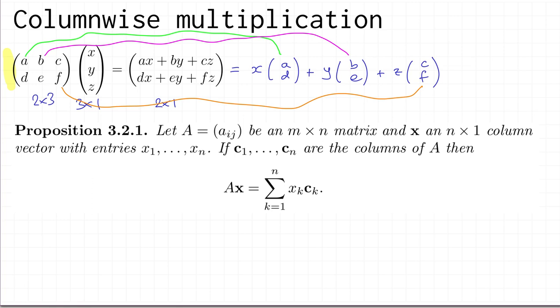And in fact, you can prove really easily using the definition that in general, when you have an m by n matrix A and you multiply that into an n by 1 column vector X, and if you call the entries in that column vector x1, x2, x3 up to xn, and you let the columns of A be c1 and c2 up to cn, then the matrix product A times x is just obtained by adding up scalar multiples of the columns of A. So you take x1 times the first column of A and x2 times the second column of A and so on, and you add them all up.